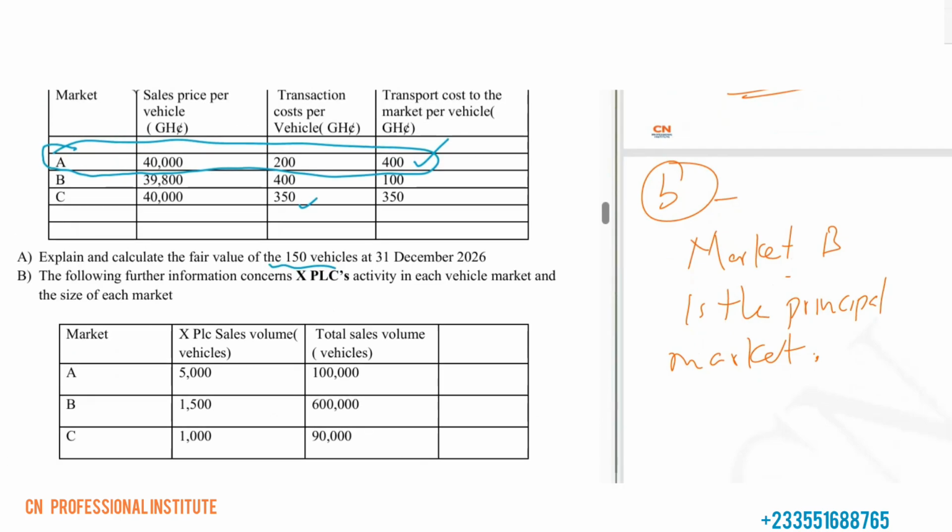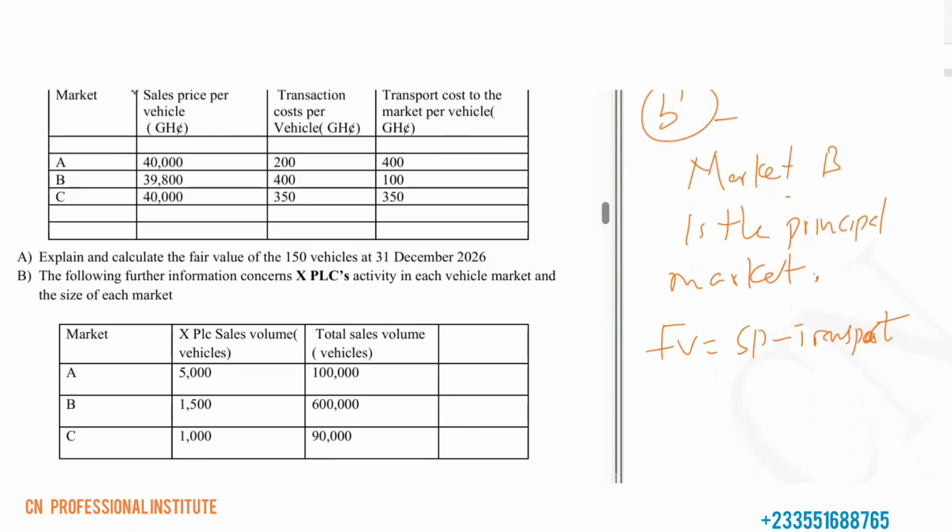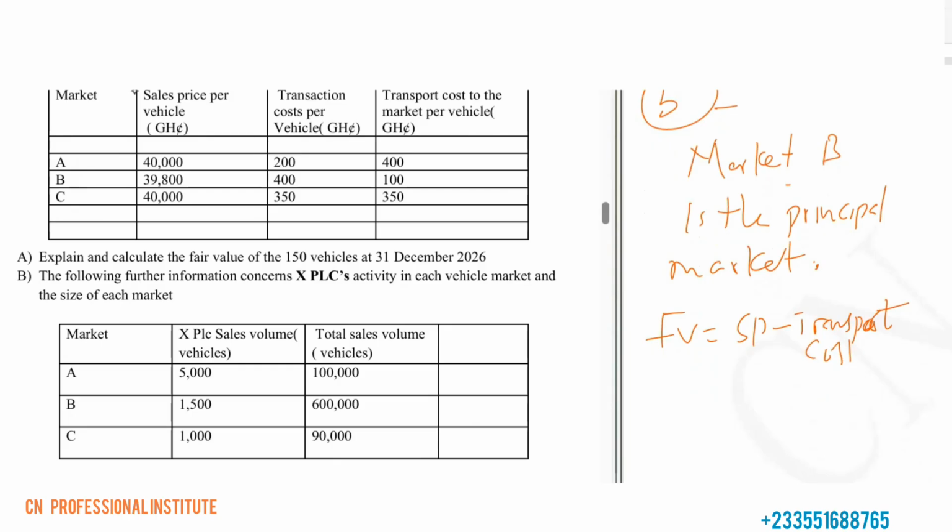We have the information up here. So as we said, fair value is selling price minus what? Transport cost, right? So selling price minus your transport cost. So you come here, fair value, and I said we are determining that using market B because we established the fact that market B is the principal market. So just go there, pick your selling price.